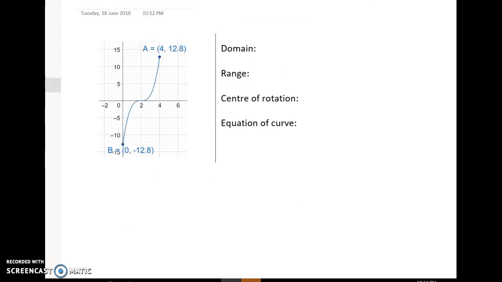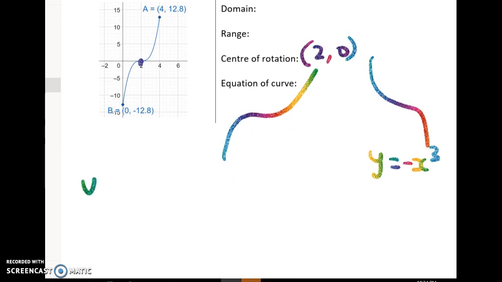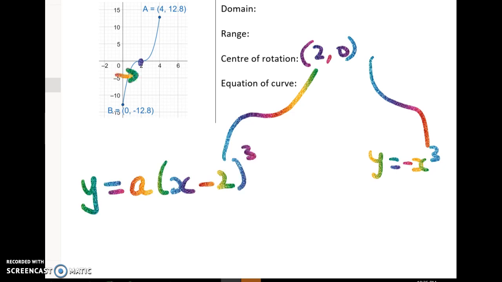Next one. I'm still with this basic form, or I could have y equals -x cubed. So here, what's happened? Well, I've been shifted out 2 units, so my center of rotation is now (2, 0). The equation of the curve is going to be something like y equals a times (x minus 2) cubed, because I've gone out this way, and I don't have any vertical shift.